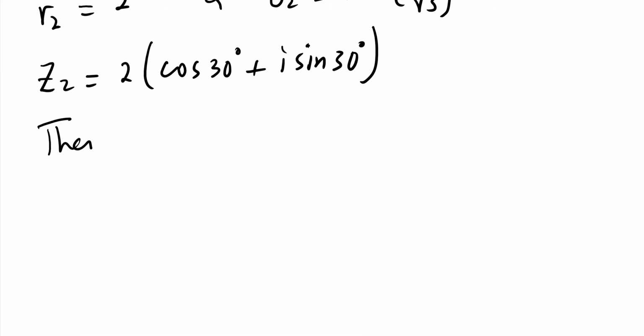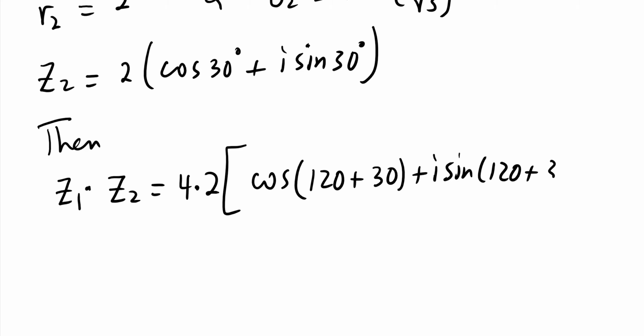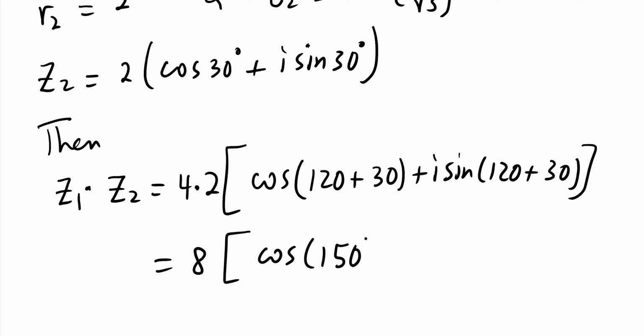Then we can multiply them, z1 times z2, by multiplying the r's first. The r for the first one was 4, and the r for this one is 2. Cosine, add the angles, 120 and 30, plus i sine 120 degrees plus 30 degrees. That gives us 8 cosine 150 plus i sine 150.